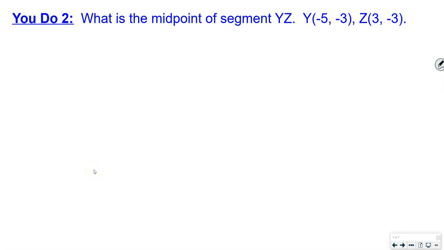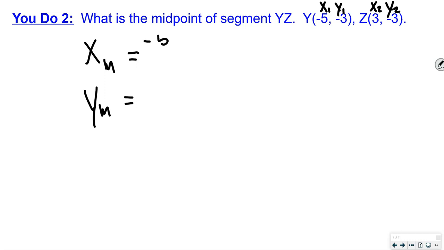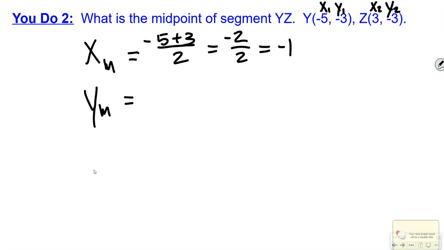So here again, x1, y1, x2, y2. So our xm and our ym, midpoint of those, are what we're solving for, right? So we're going to do -5 plus 3 divided by 2. That's -2 divided by 2. That's -1.